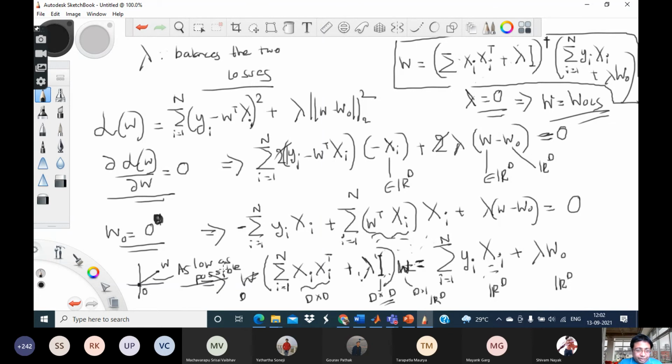And if the Euclidean distance of W from the origin is low, then what can I say about the individual elements of W? What can I say about this part or this part? Quickly answer this question.